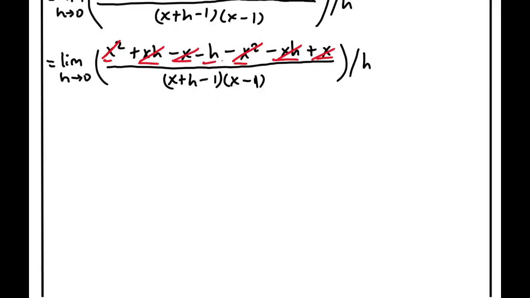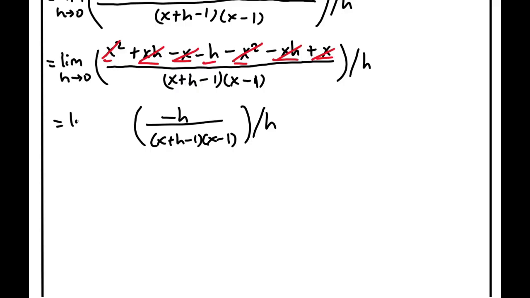We are only left with negative h in the numerator. So this becomes negative h over x plus h minus 1, x minus 1, over h, and this is limit as h approaches 0.